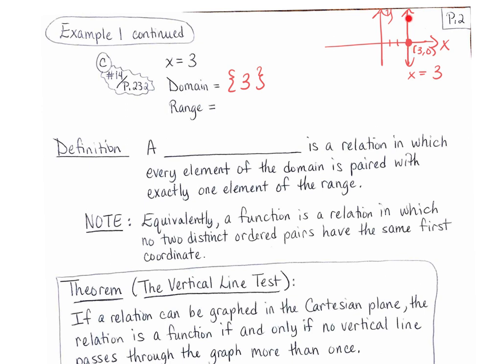Whenever you pick up any number on this line, you're picking up any real number, because to make up the XY plane, you took the real number line, and this is the real number line as well. So if we can pick up every number on the real number line, your range is the set of all real numbers.